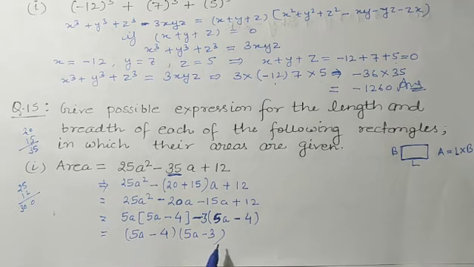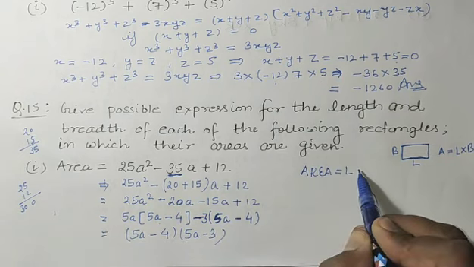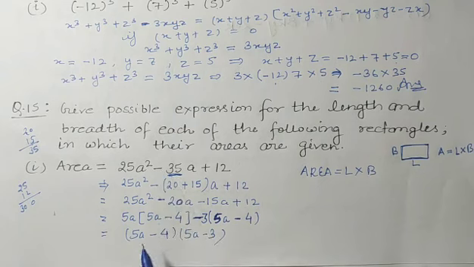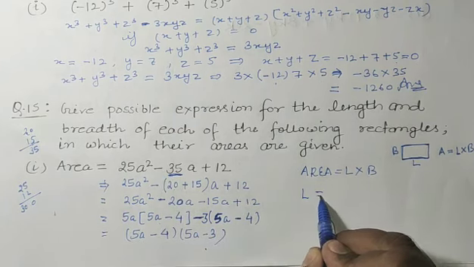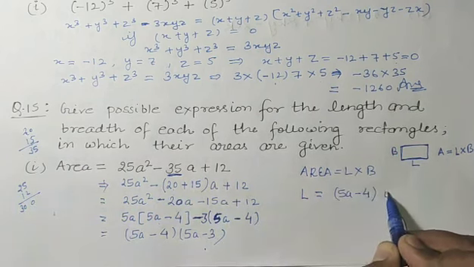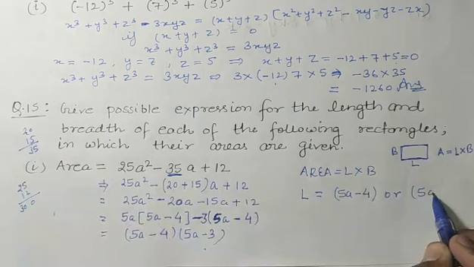The formula of area is what? The formula of area is length into breadth. Okay, and we have written this area as two factors. So your length can be 5a minus 4 or 5a minus 3.